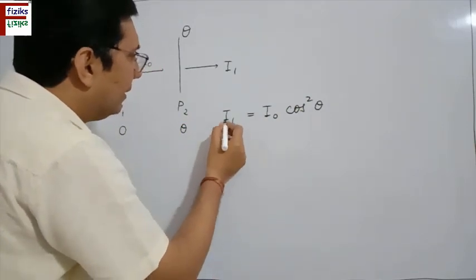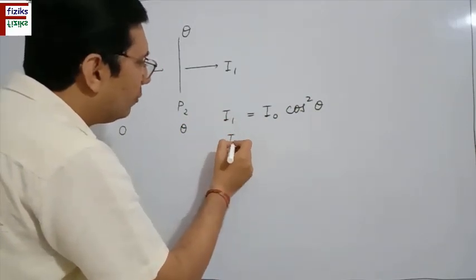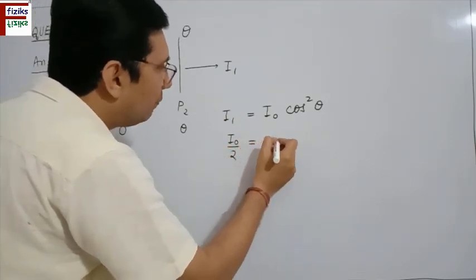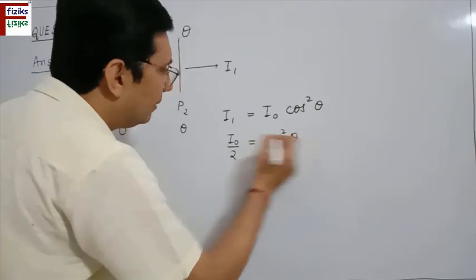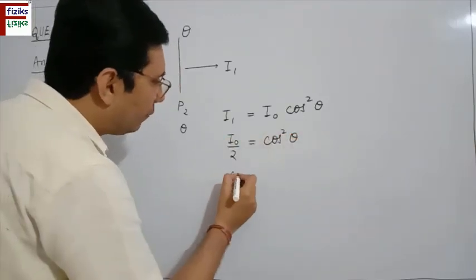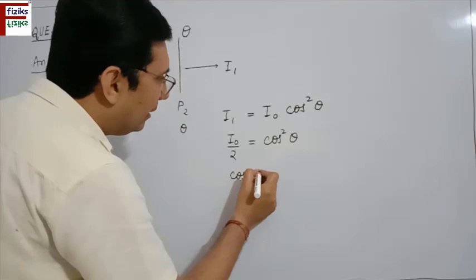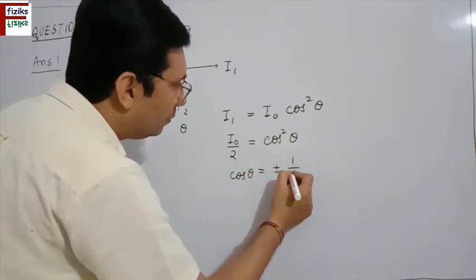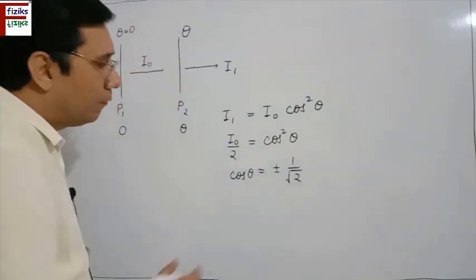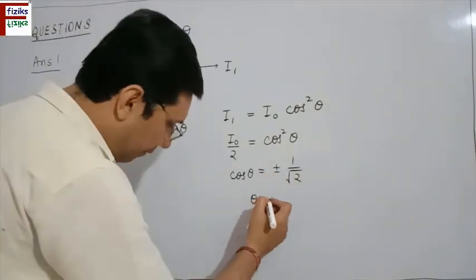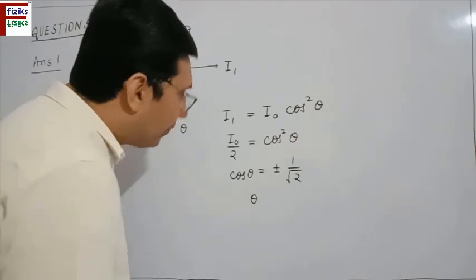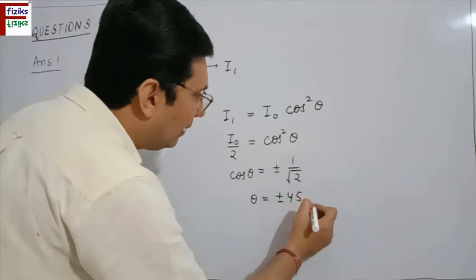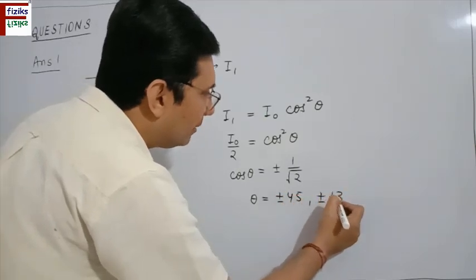Now it says that this I1 is equal to half of the initial intensity, I0 by 2. So I0 by 2 equals I0 cos square theta, so cos square theta is one half. Cos theta will become plus minus 1 by root 2. So theta can have values equal to plus minus 45 and plus minus 135 degrees.